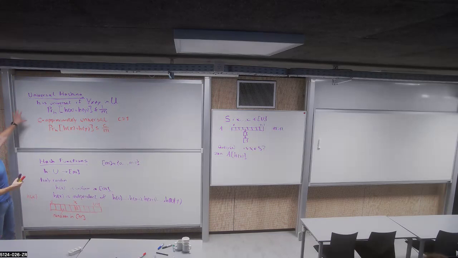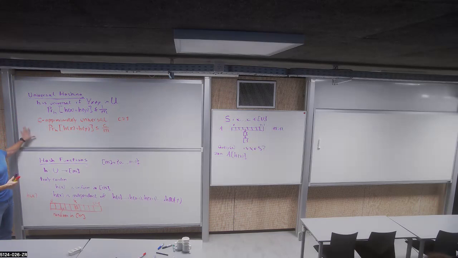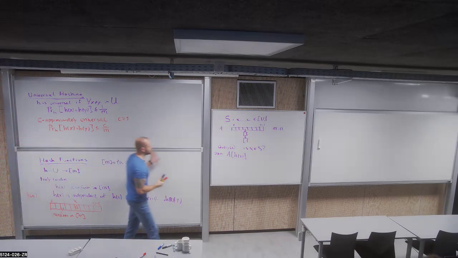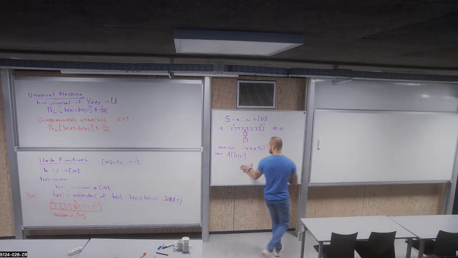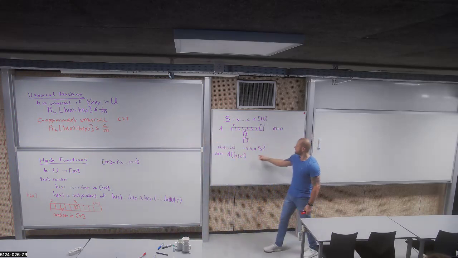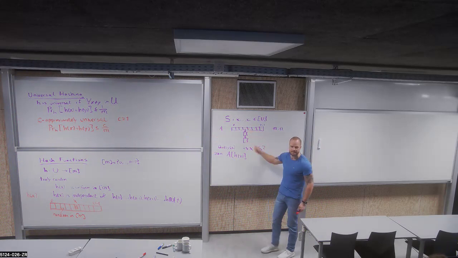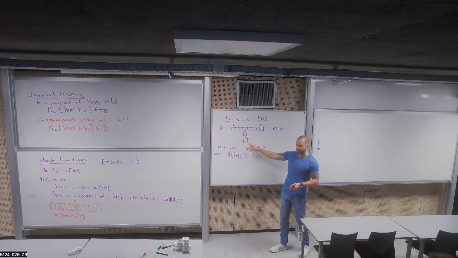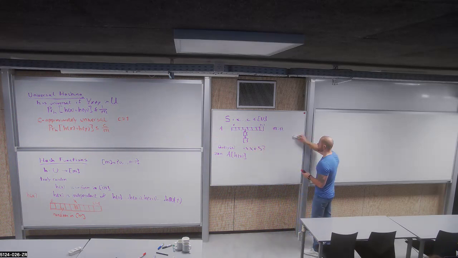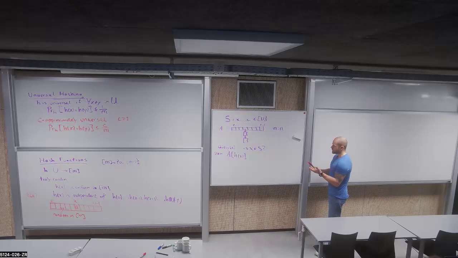So maybe before we see an example of such a hash function, let's see that this definition is actually used. We can look again at our dictionary problem, where we scan the list that x hashes to to see if x is among the keys that end up in this position. We talked about this last time, right?